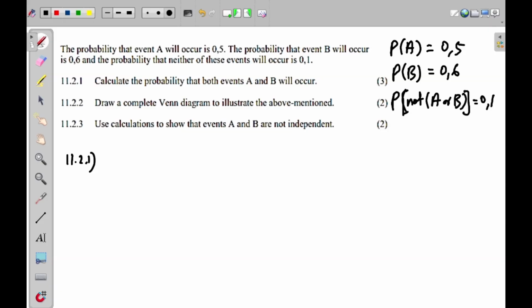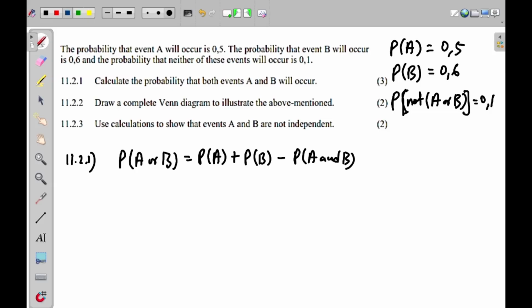The fundamental rule says probability of A or B is equal to probability of A plus probability of B minus probability of the intersection.